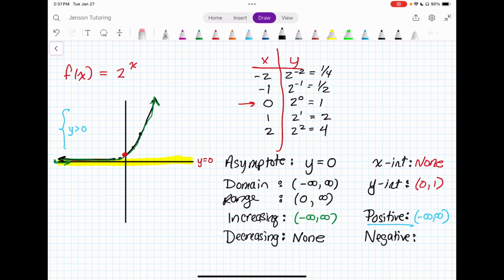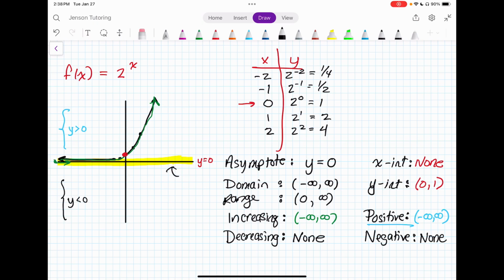And where is it negative? Negative would be down here. That's where y is less than 0. But because of our asymptote here, we know that y will never be negative. So in this case, the answer for that is just none.